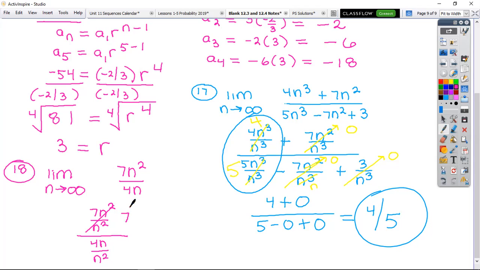Again, you could cancel an n, but it's not going to change your answer. So if I cancel an n, I'm still doing 4 divided by a really large number, which again is so small and insignificant, we say that that approaches 0. Yep. So now I'm left with 7 divided by 0. And what do we declare that in terms of limits? Does not exist. Good.